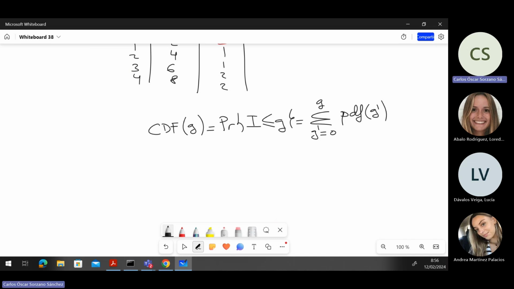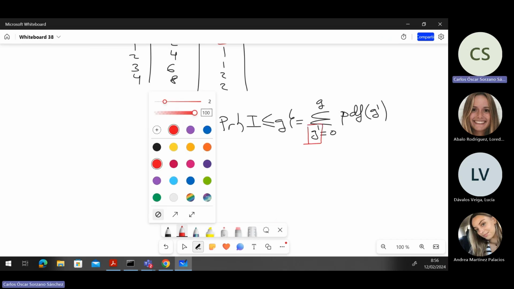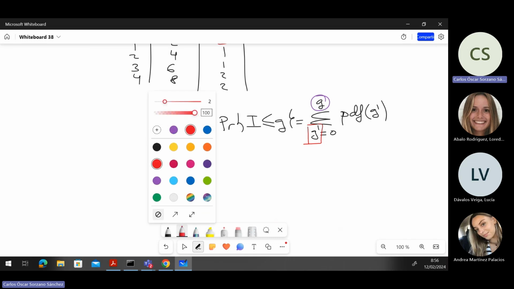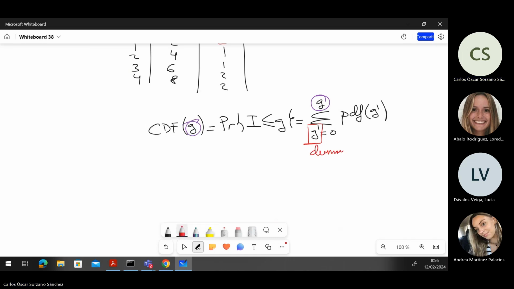And there is an interesting instruction here that is why I wrote it. This argument has to be different from this one. This one is the same. But if you want to jump and to use the same variable, you have to use a different one. This is called a dummy variable. It is an auxiliary variable that you use to sum. Dummy goes there, and this G is just to stop the sum. So we keep adding G primes from 0 up to G, and G is the stopper.